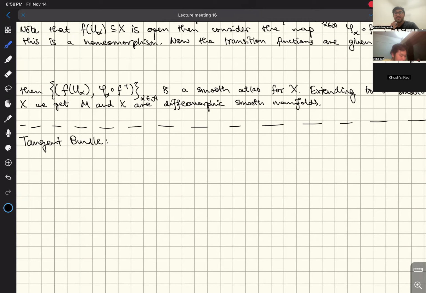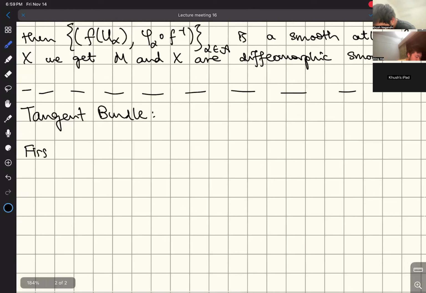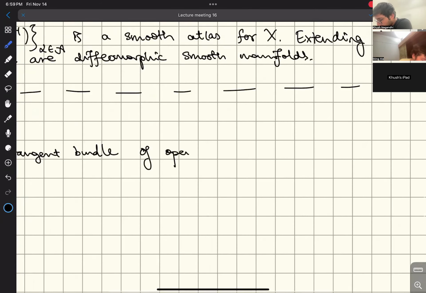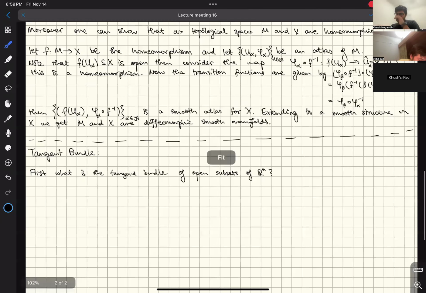But to do this, we first have to know what the tangent bundle of open sets in R^n is, right? So first, what is the tangent bundle of open subsets of R^n? Sorry, my handwriting is bad.